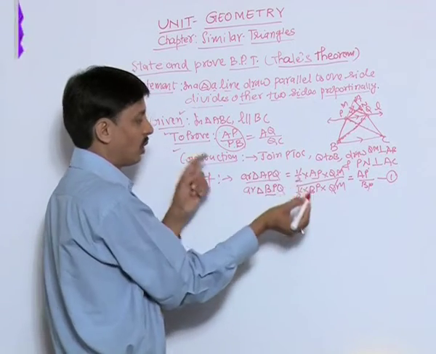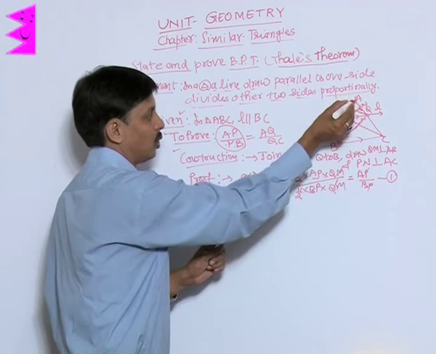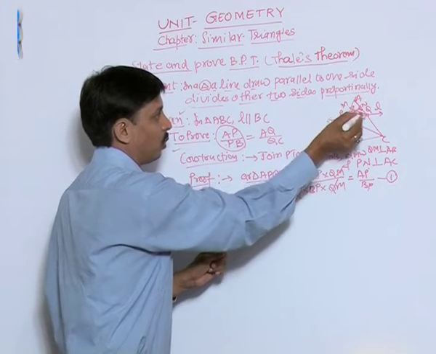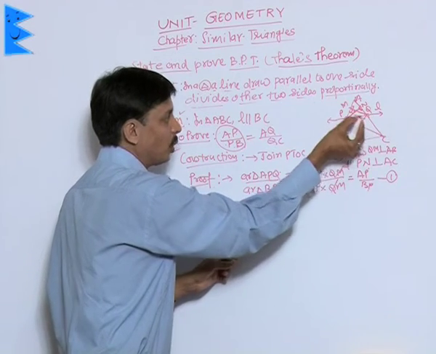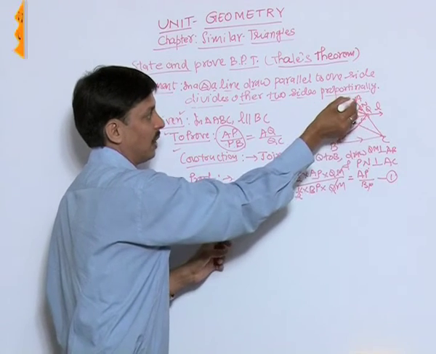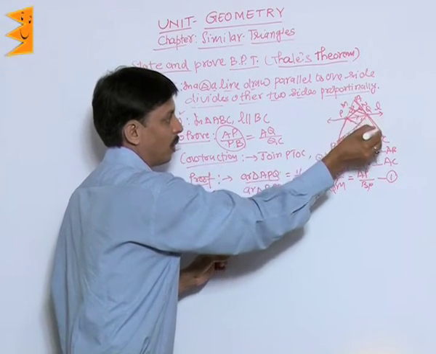Now if I ask you what is the ratio of areas of triangle AQP upon CQP, you have to say similarly it is AQ upon QC.